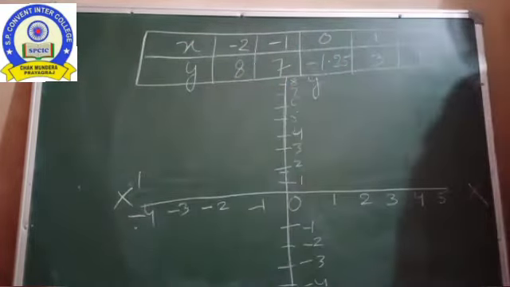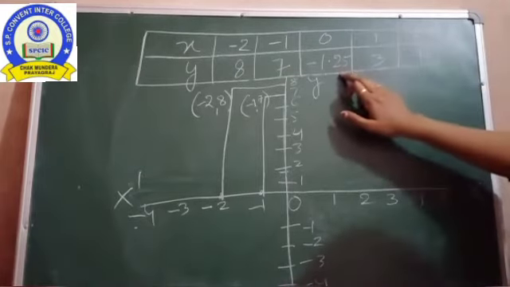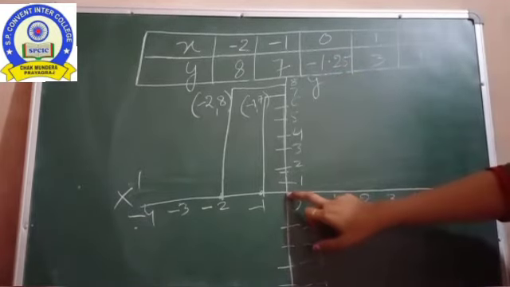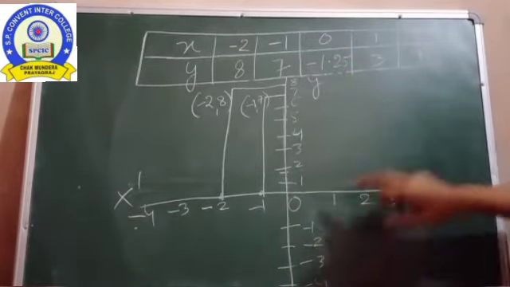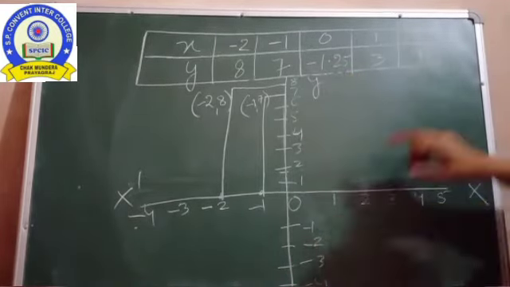Next (0, -1.25): x is 0 and y is negative 1.25, which lies between 1 and 2 on the negative side. This is point A, point B and this is point C.